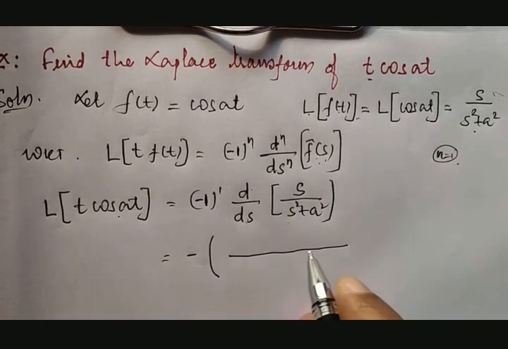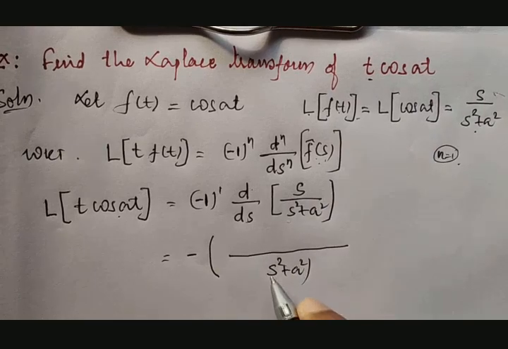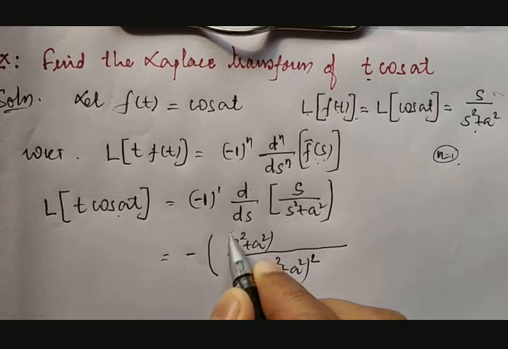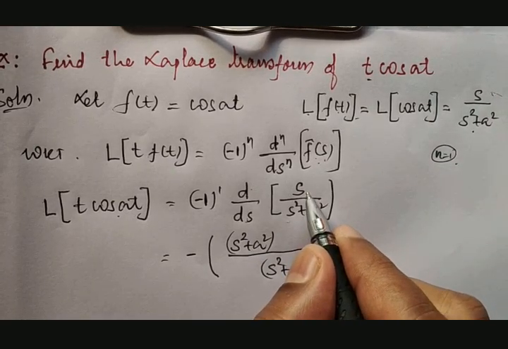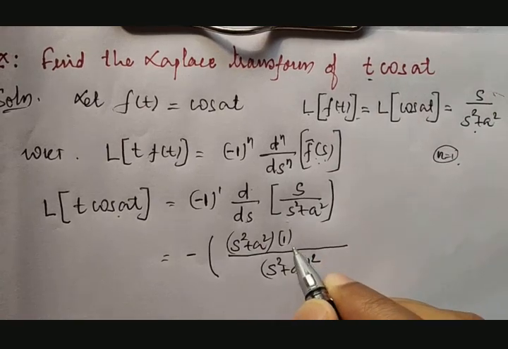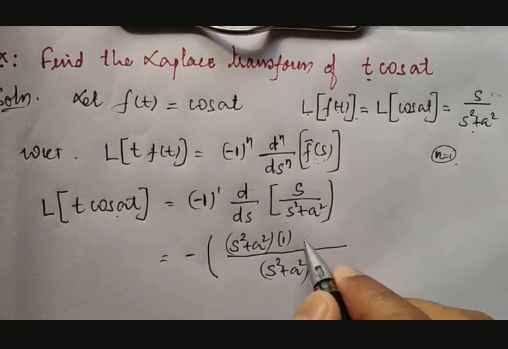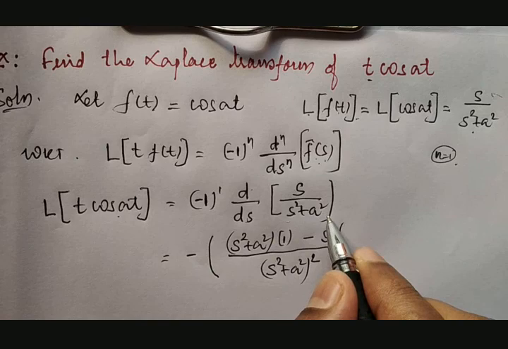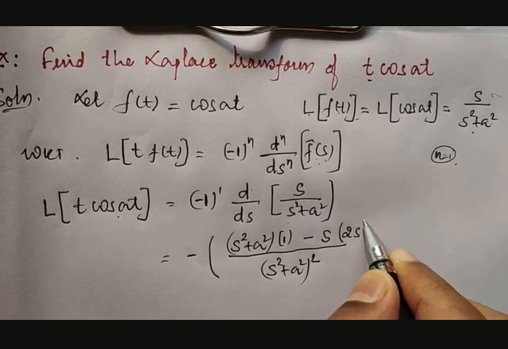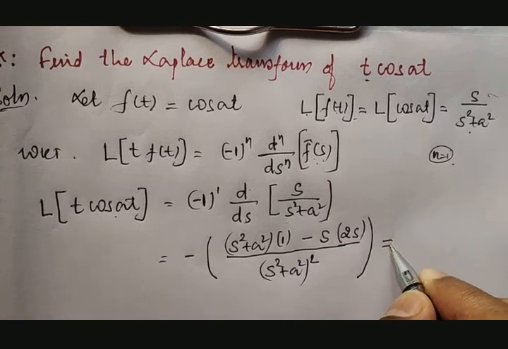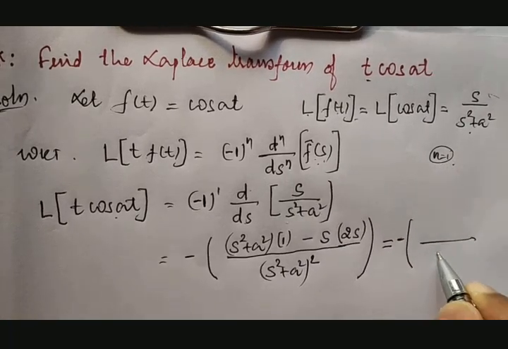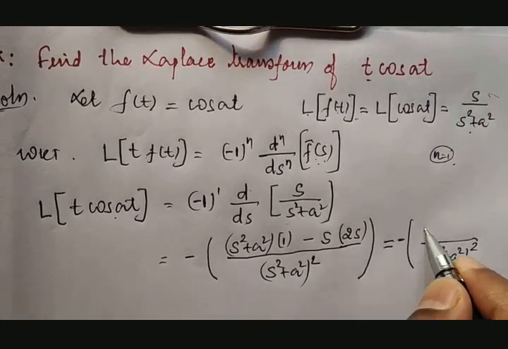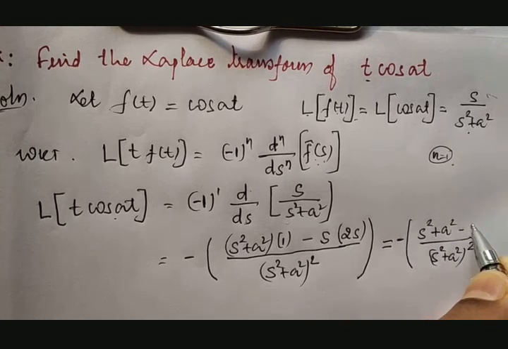So it is the square of the denominator, s square plus a square the whole square, then denominator, that is s square plus a square, into differentiation of the numerator with respect to s, that is 1, then minus numerator, that is s, into differentiation of the denominator with respect to s, that is 2s. Fine. Which is equal to minus outside, then in the denominator it is fixed, that is s square plus a square the whole square. Then here it becomes s square plus a square minus 2s square.